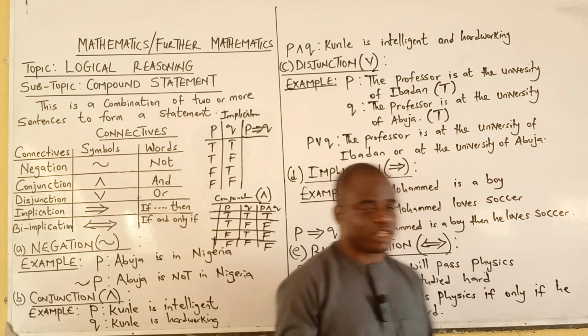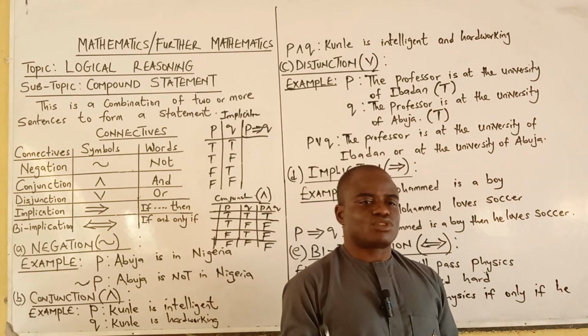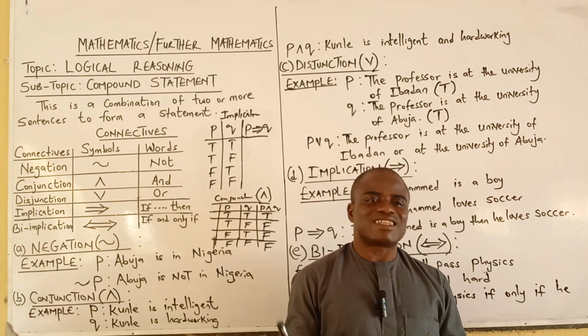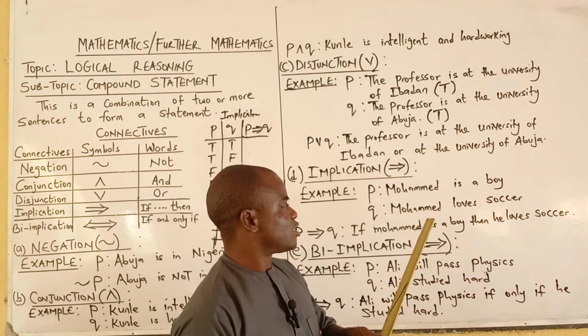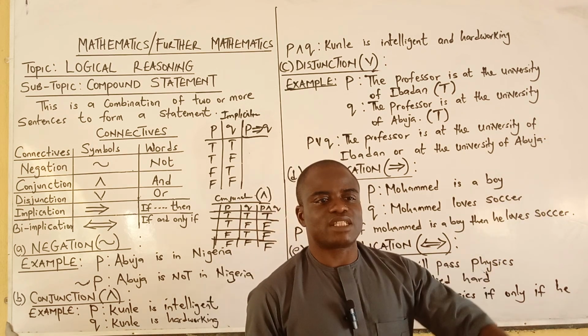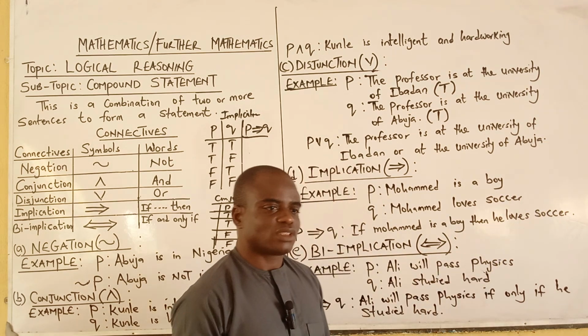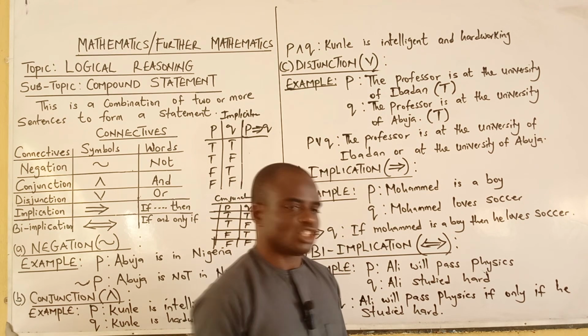Again, under implication, the statement is false if the antecedent, which is the first sentence, is true and the consequence, which is the second sentence, is false, otherwise it is true.